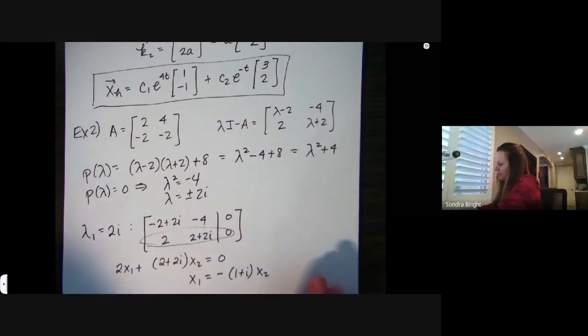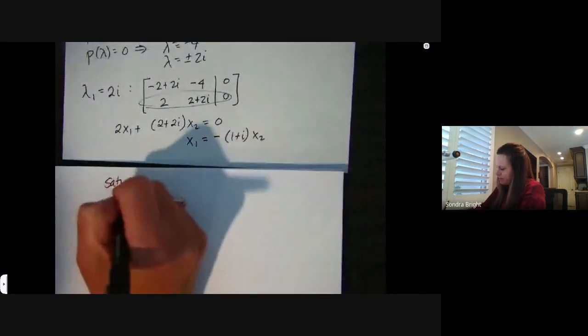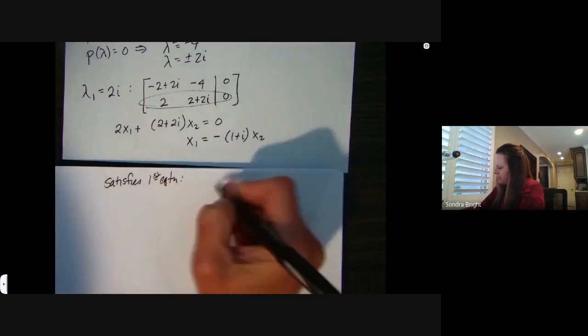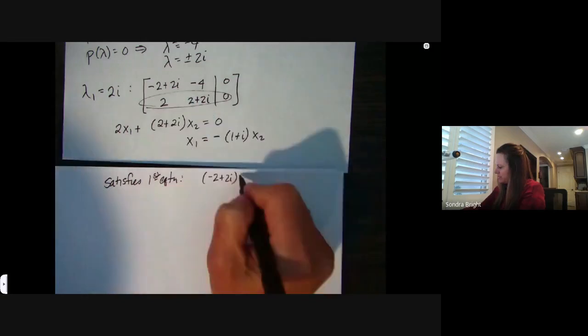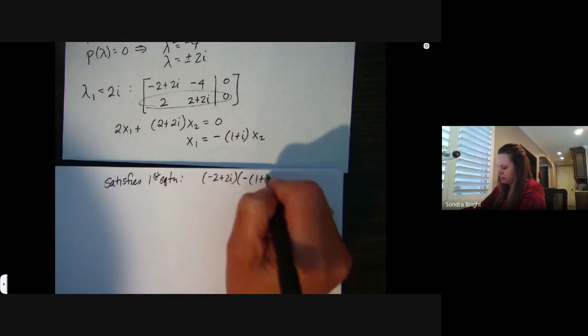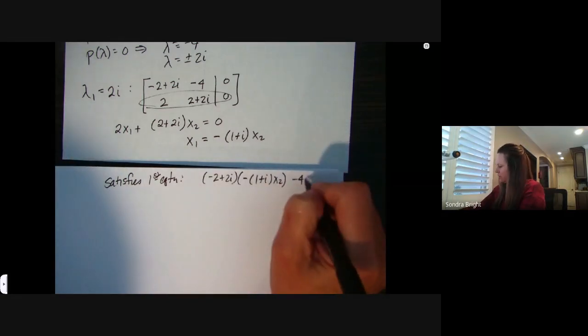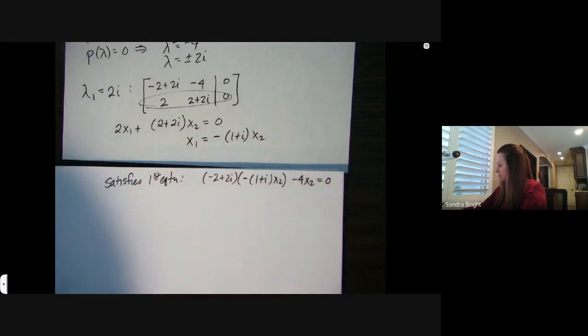And if you plug that into this first equation, it will satisfy that. It satisfies the first equation also, because it's negative 2 plus 2i times x1, which was this negative 1 plus i x2, right? And then minus 4x2 is equal to 0. And when you multiply this all out, it does satisfy it.